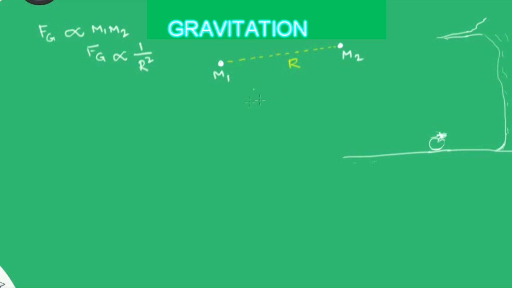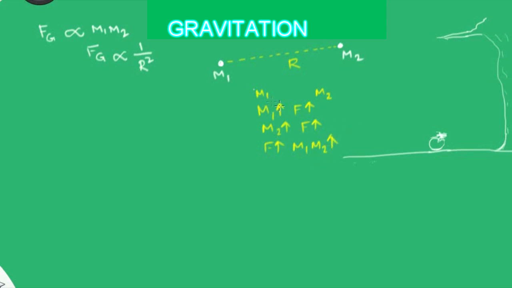Now let's have an analogy: if there are two magnets, let's call one m1 and the other m2. If m1 is greater, then the force of attraction will be more. If m2 is greater, then the force of attraction will again be more. So force increases if either of the masses, or the magnetic strength, is more.